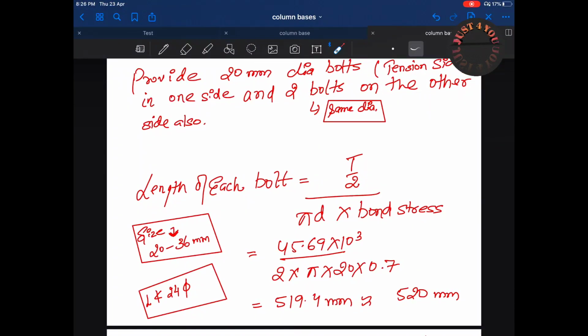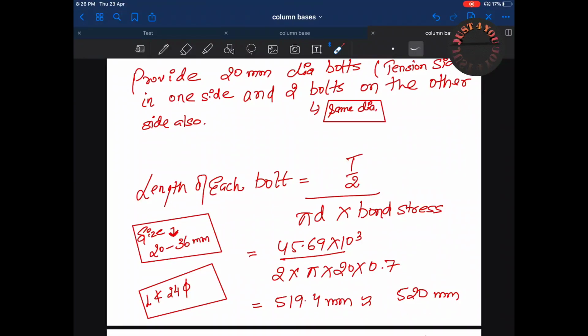The length of the bolt should not be less than 24 times the diameter of the bolt. So this is our check. Now we calculate the length of the bolt by using this equation: T upon 2 pi d into bond stress, and the bond stress value is 0.7. Putting the value of T, d as the diameter of the bolt, 20, and bond stress 0.7, we get 519.4 mm, that is approximately 520 mm.